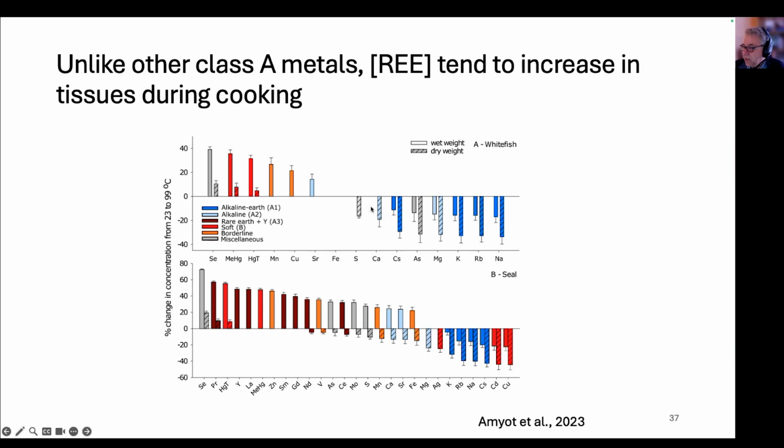So that made sense. But in the liver of the seal, we had rare earth elements, and we were expecting them to be on the right side of the graph, but they were not. They were on the left side, so with mercury. So it seems that they increased in concentration when we cooked them. So they have a high affinity for strong complexes in the food that prevented them from moving into the cooking juices.